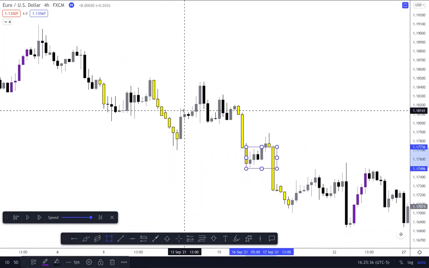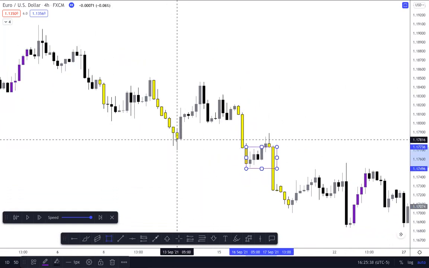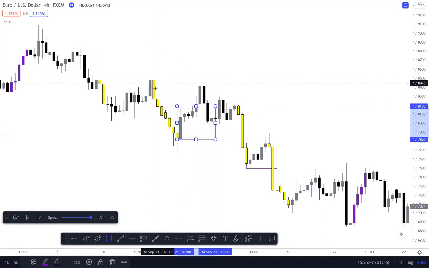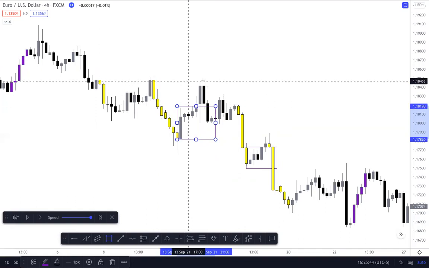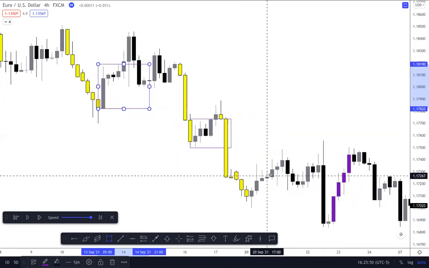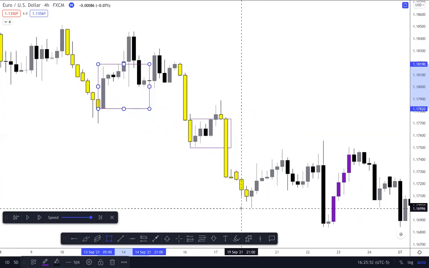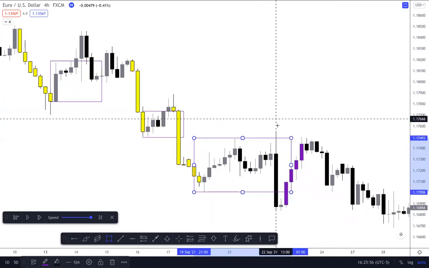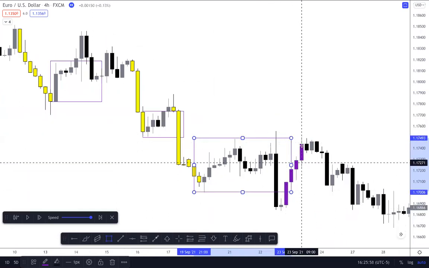Come over here, gray, black, gray, injection, manipulation outside of the box. You can see we're hitting all of this imbalance causing price to reverse, right? Even here, a bunch of gray, black, gray, our manipulative range, right? Manipulation, boom, manipulation down here, boom.